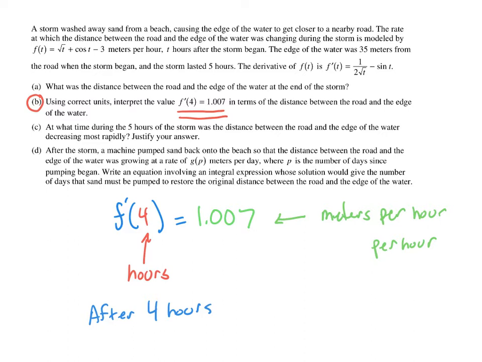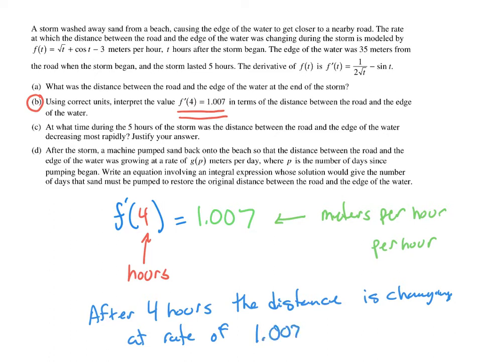What we're saying is that the distance between the road and the edge of the water is changing at a rate of 1.007 meters per hour squared.